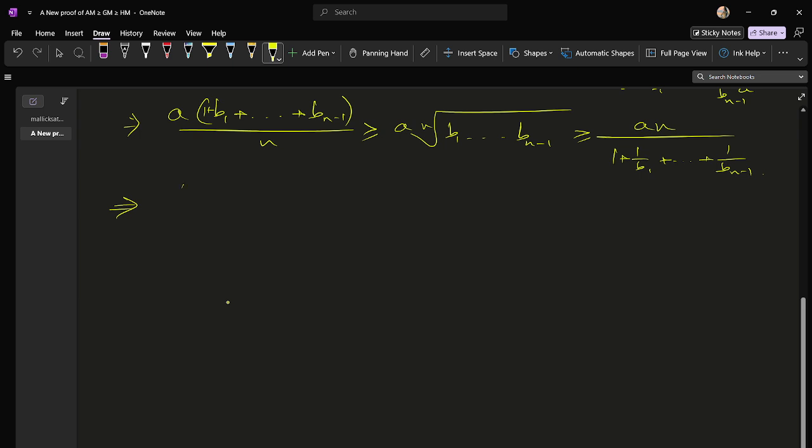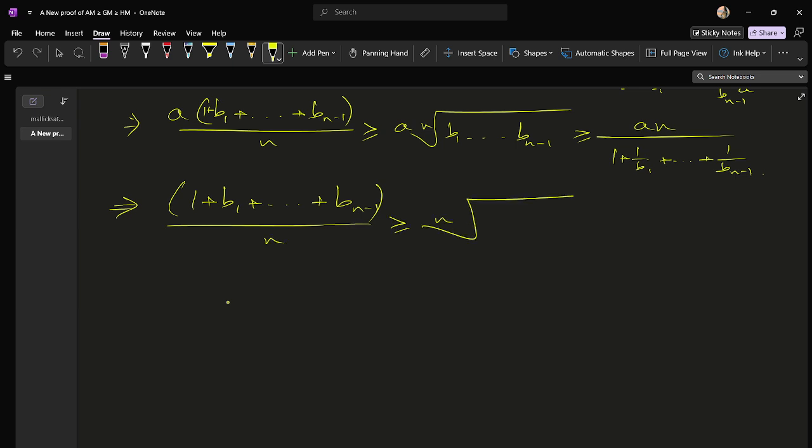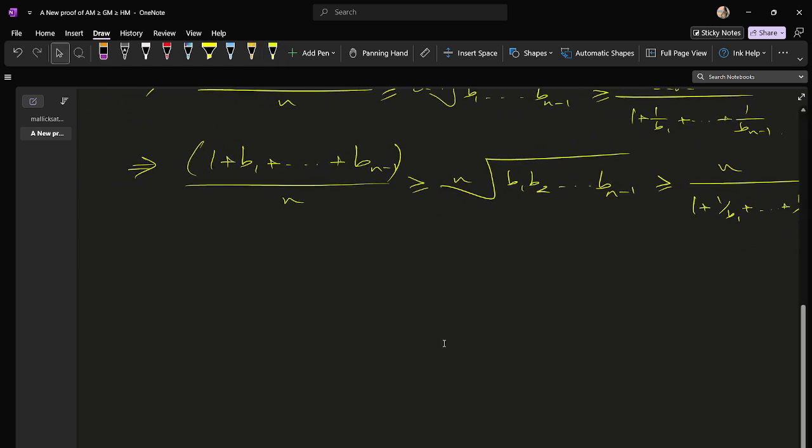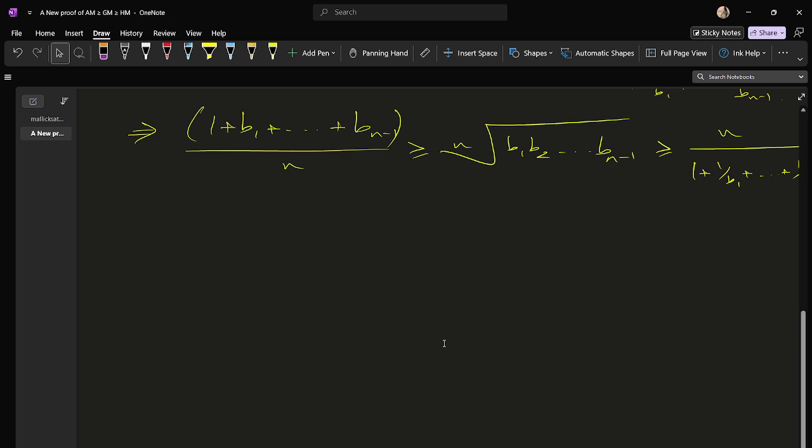So we will get this here upon n, and the nth root of b1 b2 up to b(n minus 1), and n upon 1 by 1 by b1 up to 1 by b(n minus 1).